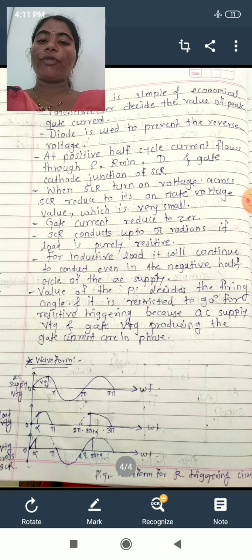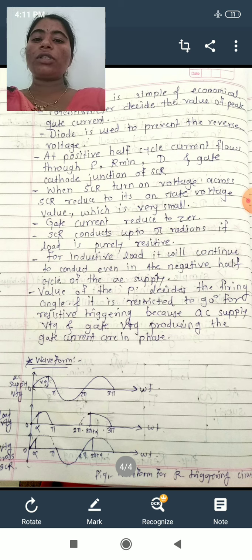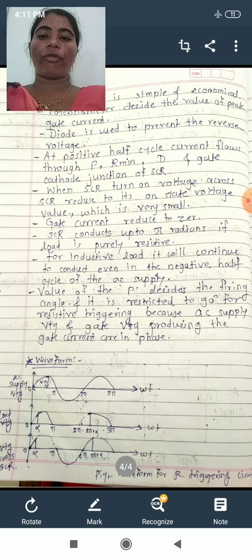Now see this potentiometer. What is the working of this potentiometer? This potentiometer decides the value of peak gate current, meaning it indirectly decides the firing angle. Now this diode is used because we know the diode is a unidirectional device, meaning current flows only in one direction. The diode always conducts in forward bias, and in reverse bias a very small current flows, or indirectly we can say that in reverse bias the diode is in off state.